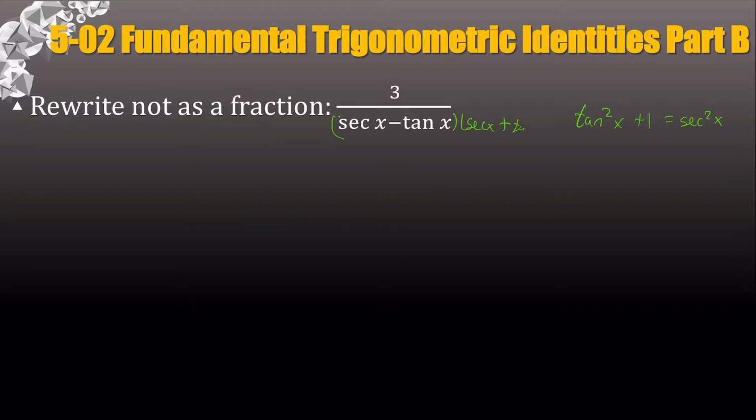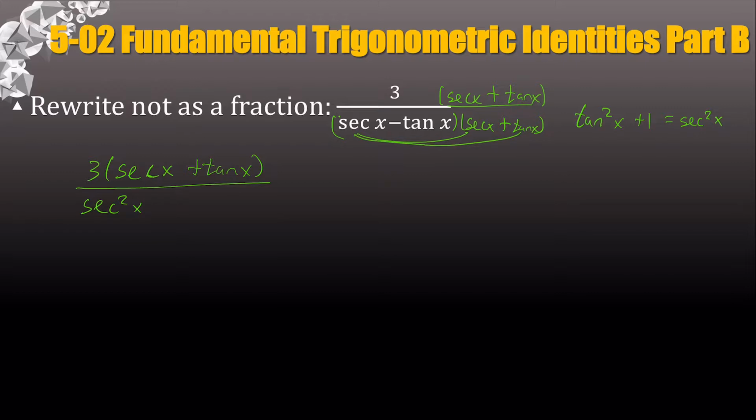So it'll be secant plus tangent. So on the top, I have 3 secant of x plus tangent of x. On the bottom, I'd have secant squared, secant times tangent, and a minus secant times tangent. Those cancel. And then minus tangent squared.